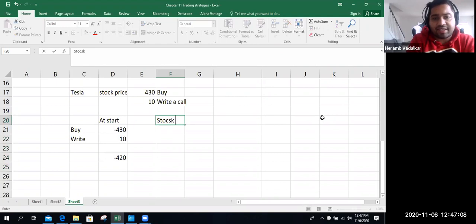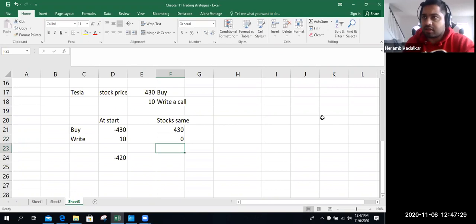Okay. Now possibilities. Stock stays same. Stock doesn't change. So if it stays same, you'll get $430 from the stock. Okay. And this option, writing option, becomes 0, because if the stock stays same, writers don't have to pay any money.